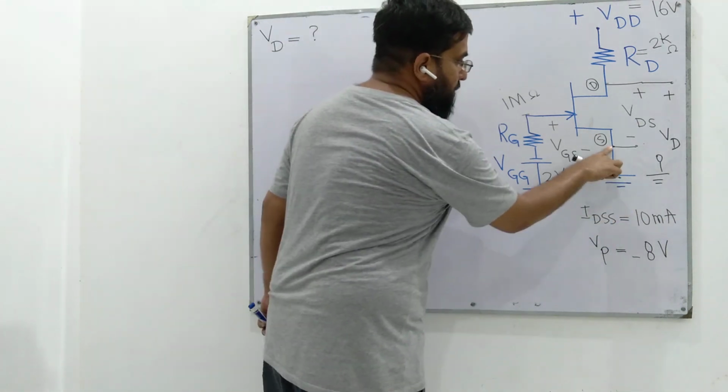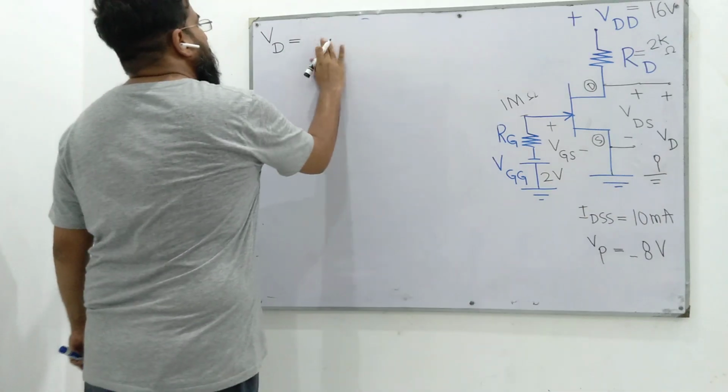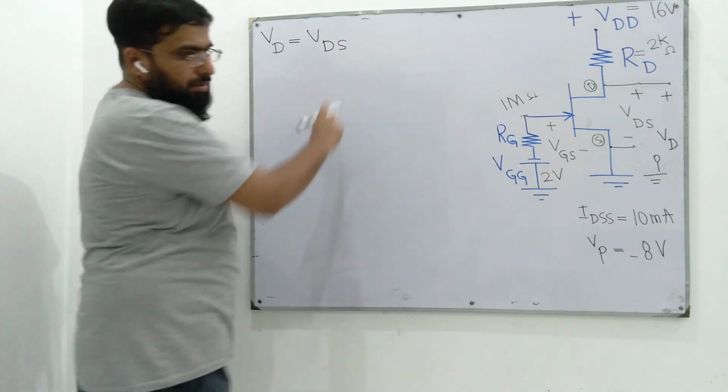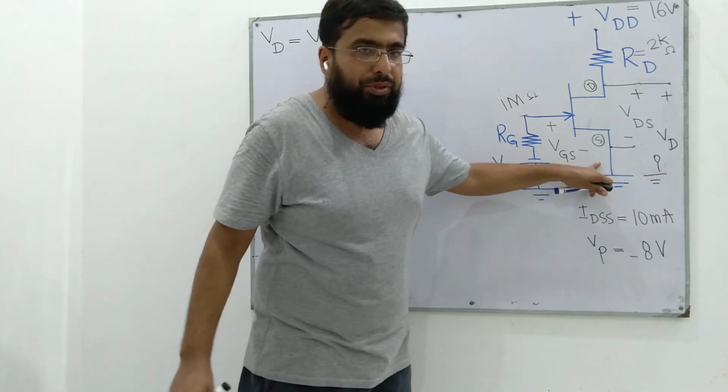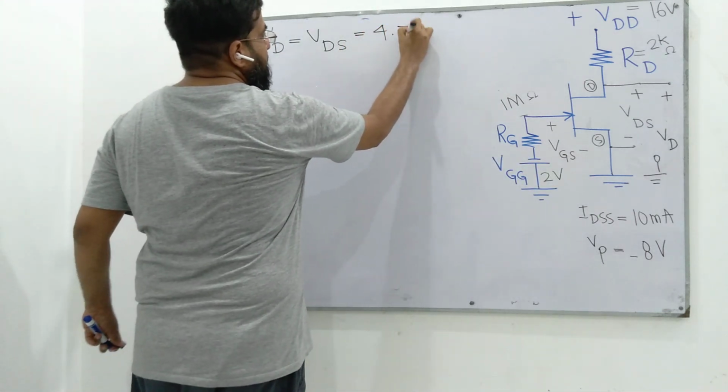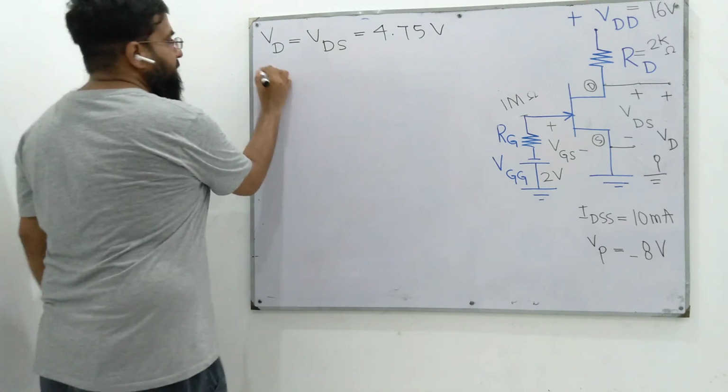Only in this case, since the source is connected to ground, VD is the same as VDS. But if we have a source resistor here, then of course they are not equal. So luckily they are equal here, 4.75 volts.